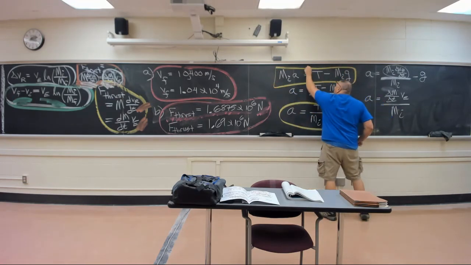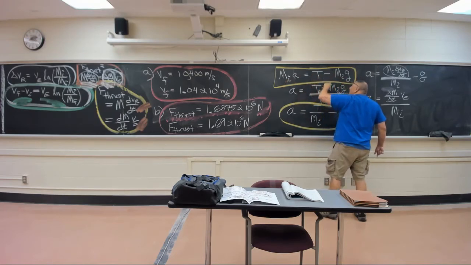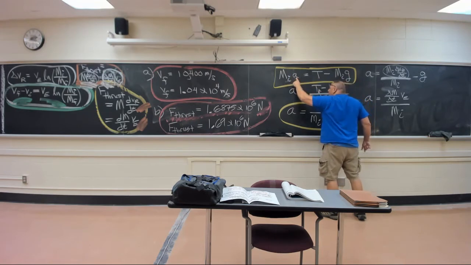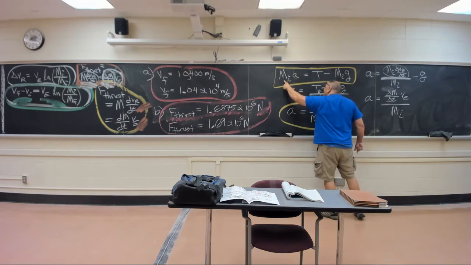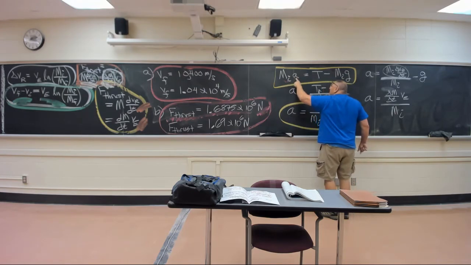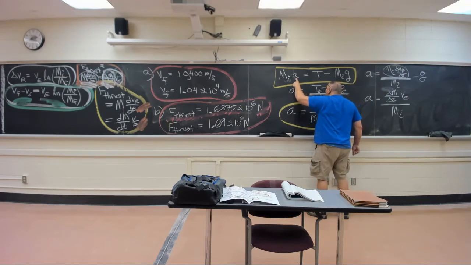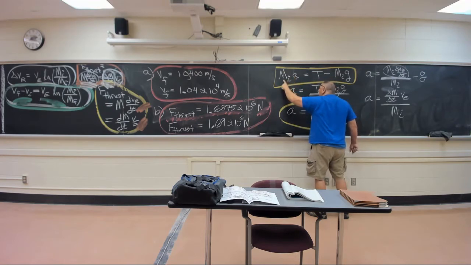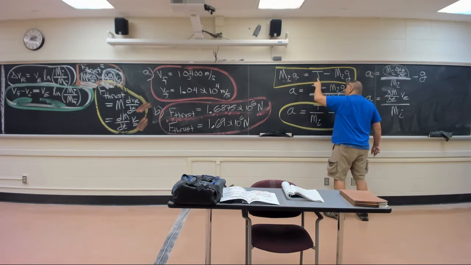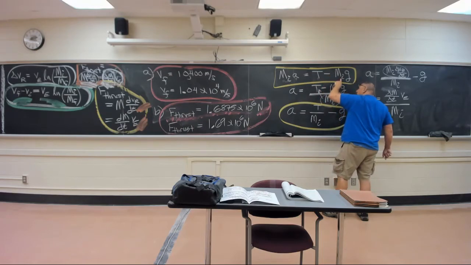I mean, when you did this, we had this. The acceleration of the rocket at its initial mass times its initial mass is the net force that the rocket is experiencing. M times A is the net force that the rocket is experiencing. That is equal to the thrust minus the weight of the rocket.